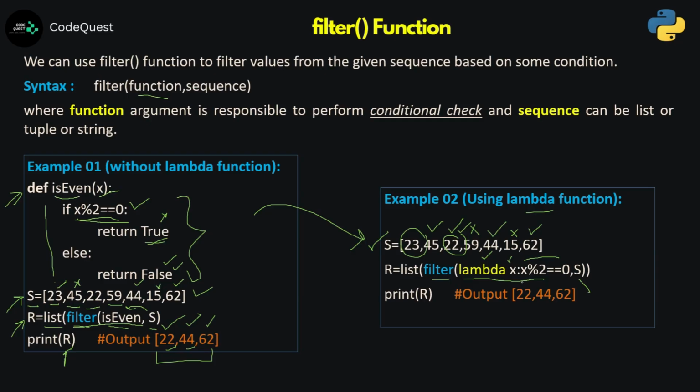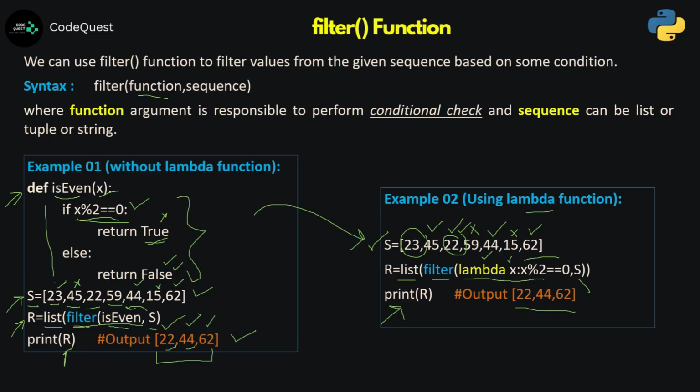Hence they are returned into the filter. Now, like in the previous program, we have applied the list function to store all those filtered values in the form of a list, and here we are printing that list. So we get the same output that we got earlier.